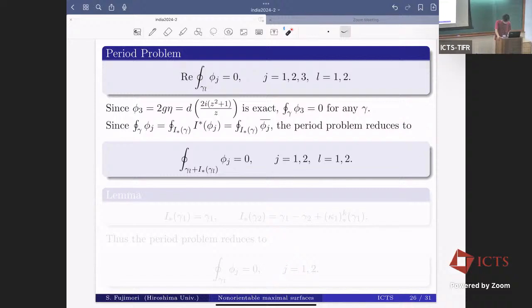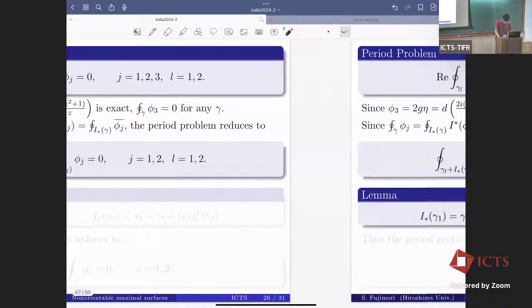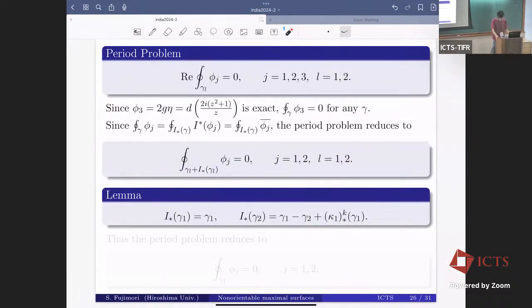So by this equation, we can reduce the period problem this way. Now we no longer need the real part, but here we have this. And also, by straightforward calculation, I star of gamma 1 is gamma 1. And also I star is this way.